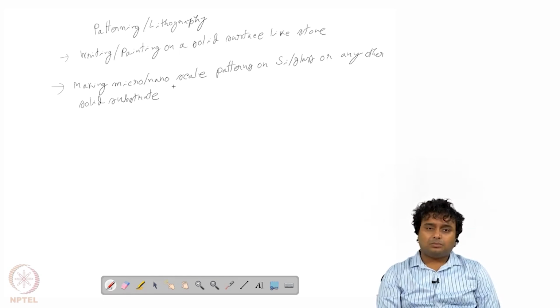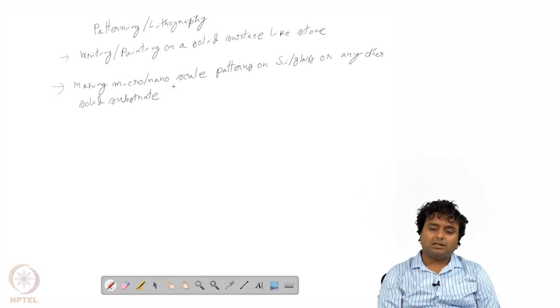So simply we can say that lithography means making patterns or writing patterns on something, on a piece of silicon or on a piece of glass or on a stone, like that.